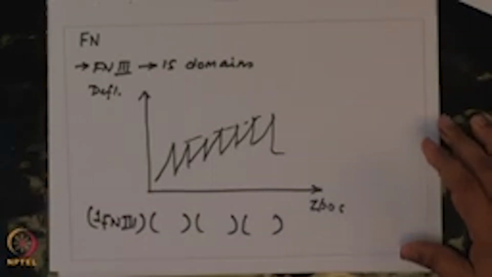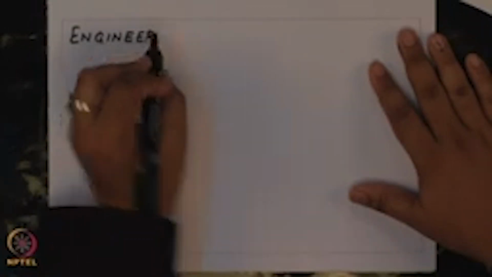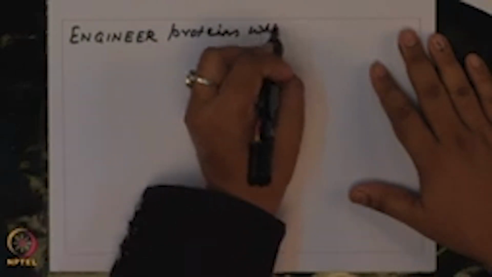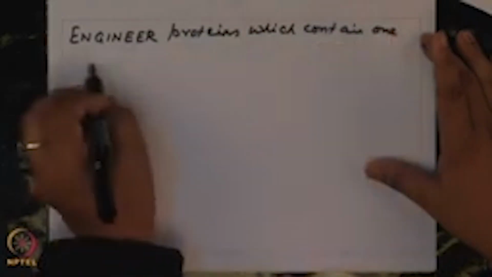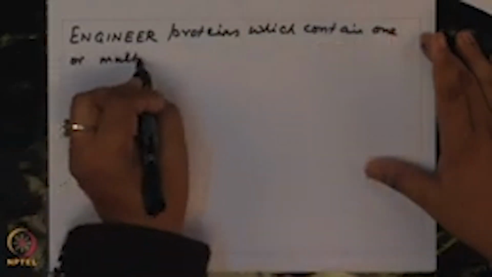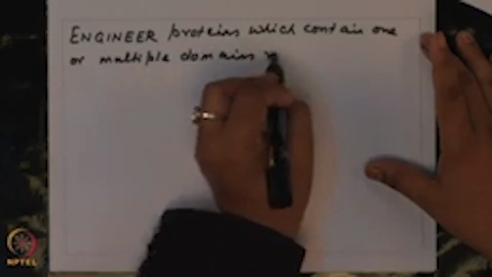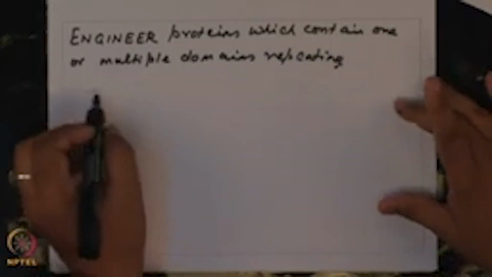So you prepare and engineer these proteins, which contain one or multiple domains repeating. Now, let us take one such case. Let us say you have made your protein.